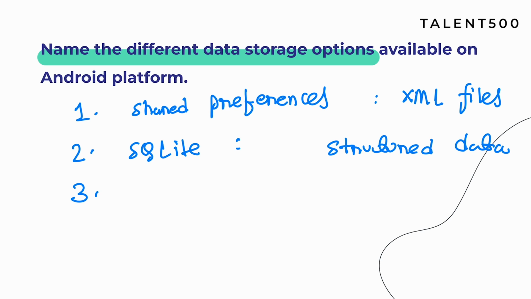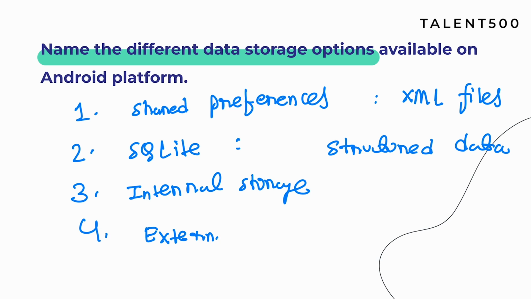At number three, we have internal storage, and basically it stores the data in the device file system, which cannot be read by other applications. And then you have the external storage. External storage stores data in the file system, but it can be accessed by all the applications in the device.